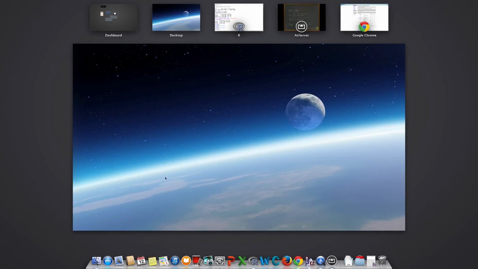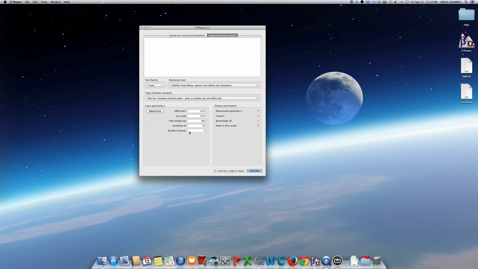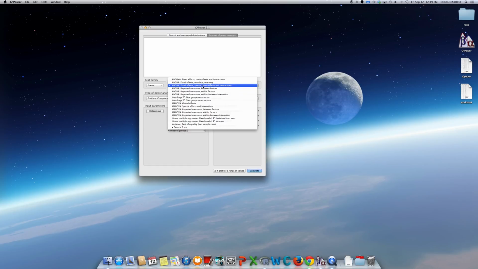So guys, what I can do now is I can pull up G power and see what kind of power I've got. So first thing I need to do is choose the appropriate test family, and ANOVAs run off the F distribution. And the next thing I need to do is run main effects and interactions.